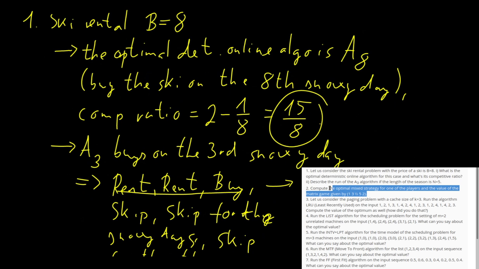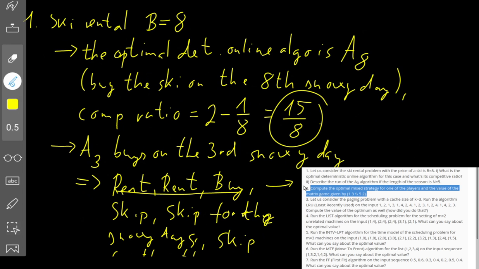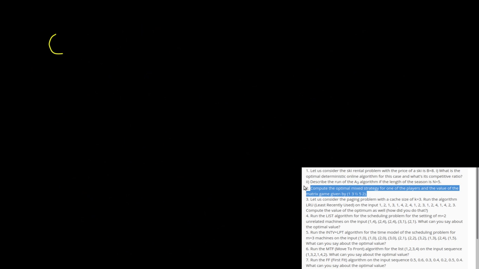Okay, so let's move to the second question. We have a matrix game, with a cost matrix which is 1, 3, 5 and 2.